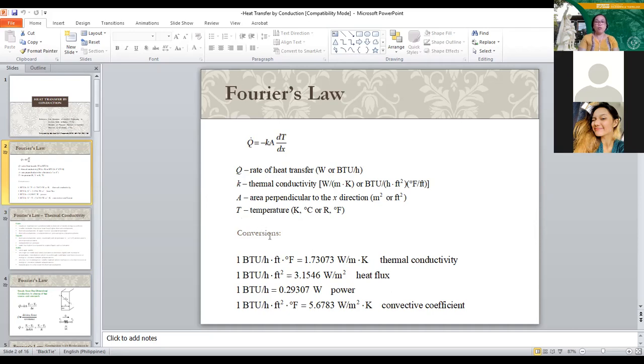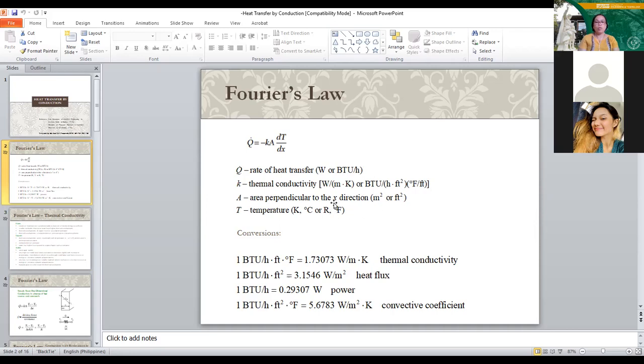Now, as to the different units of these particular parameters and variables that are appearing in our formula, you have it here. So if it's in English, it's BTU per hour for the Q. And if it's in SI, it's in watt. So you have here the corresponding set units for thermal conductivity in SI, and this one is for English.